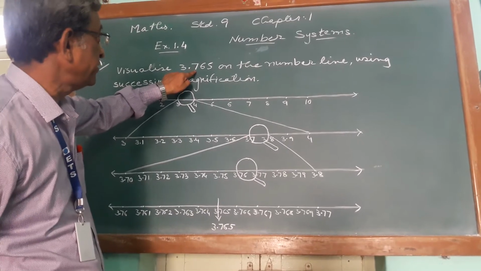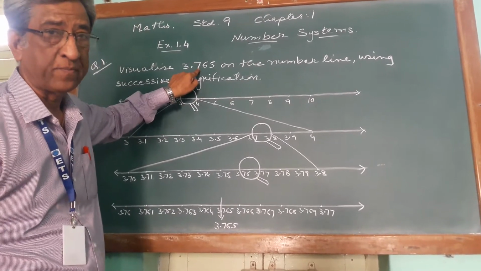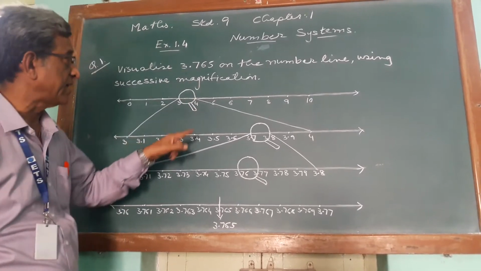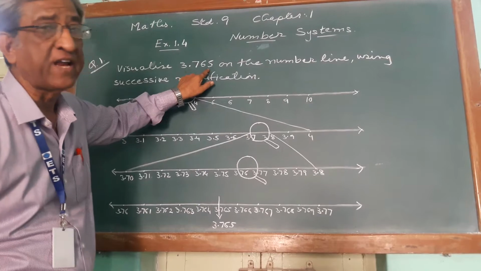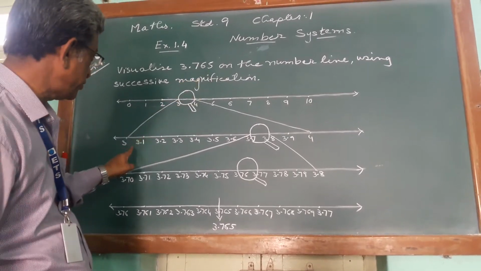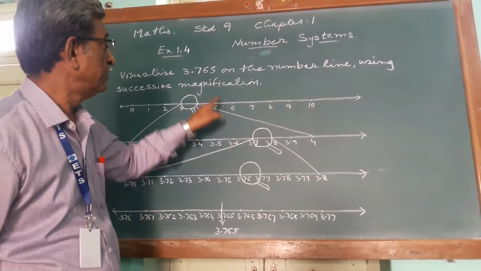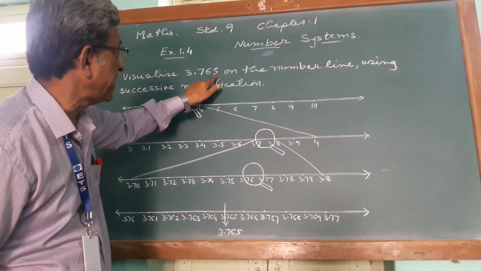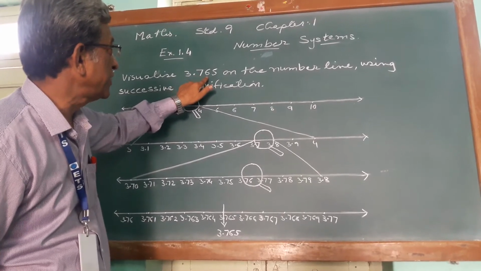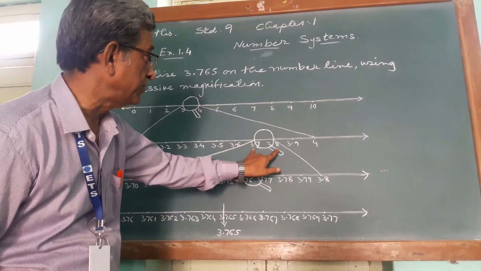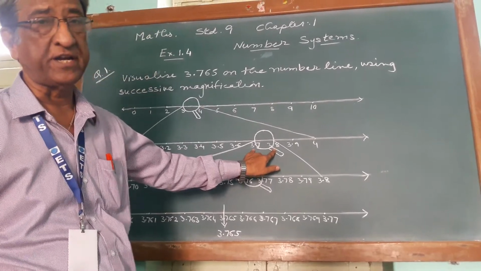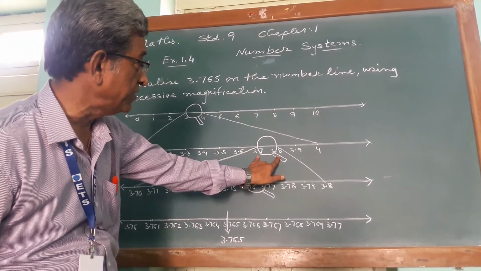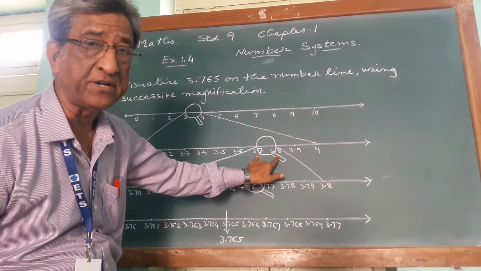Now for the second digit, 3.7, you have to decide between which two numbers 3.765 lies. It lies between 3.7 and 3.8.